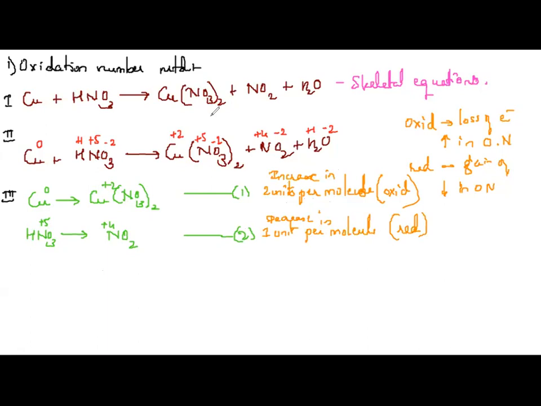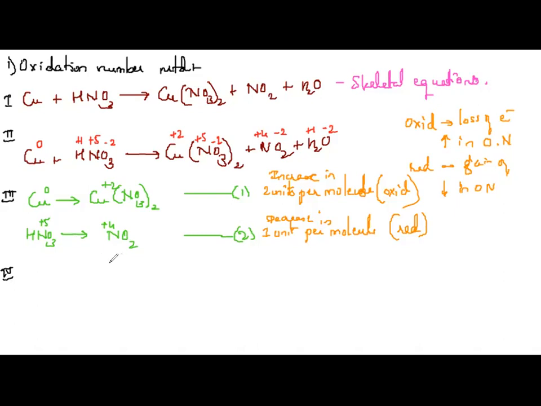The fourth step is to complete the balancing by inspection. First balance those substances which have undergone change in the oxidation number, and then atoms except hydrogen and oxygen have to be balanced. Don't balance hydrogen, don't balance oxygen.